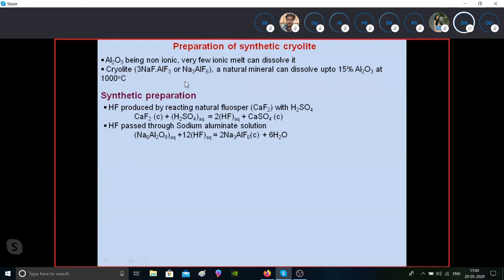In fact, most of the countries use both options, a mixture of synthetically prepared and naturally occurring. For India, we do not have a source of cryolite. Both naturally occurring and synthetically prepared cryolite is imported for aluminium extraction.